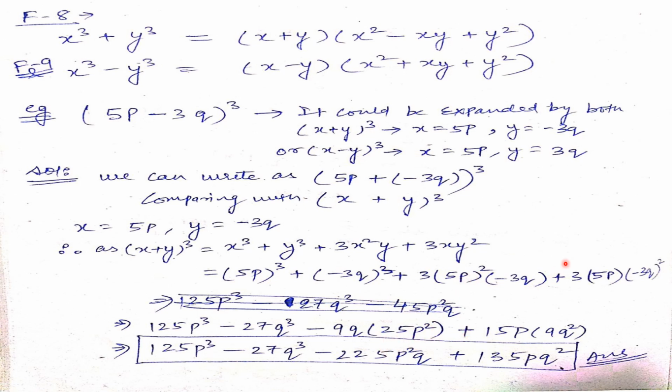Then 3 into 5 is 15p, into minus 3 square is 9, q square is q square. Finally, the answer will be this one after final solution.